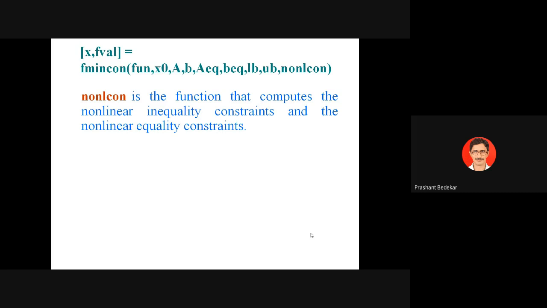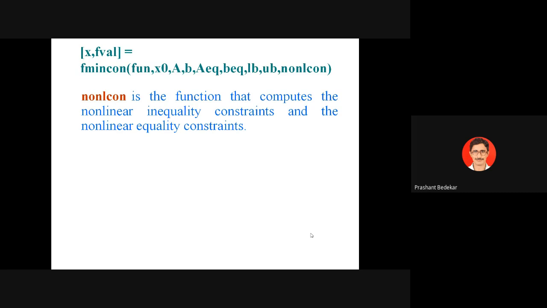One more thing I would like to emphasize here is, I have seen some researchers solve the problem using the sequential quadratic programming method. Then they apply sequential quadratic programming manually.